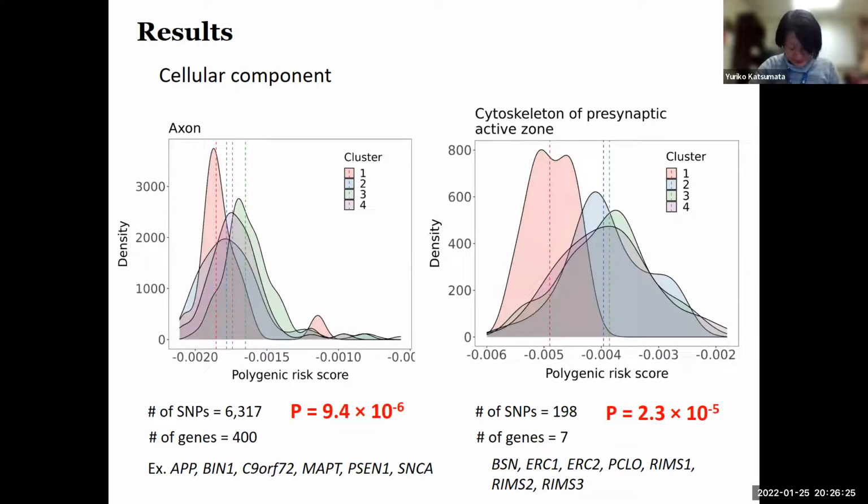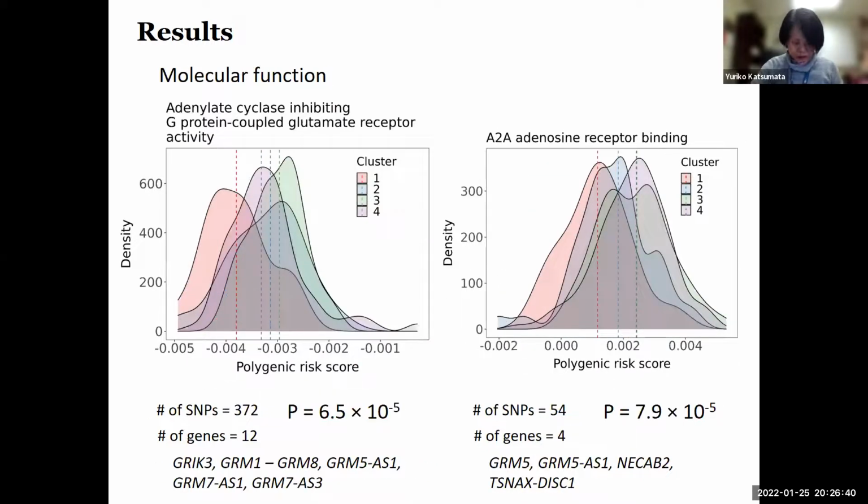In cellular component, polygenic risk scores of actin cytoskeleton of presynaptic active zone were significantly different among the clusters. In molecular function, these pathway-specific polygenic risk scores produced the largest differences. However, the differences were not significant after Bonferroni correction was applied.